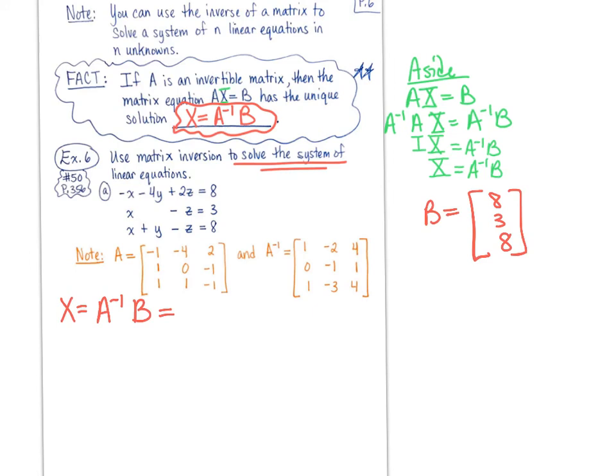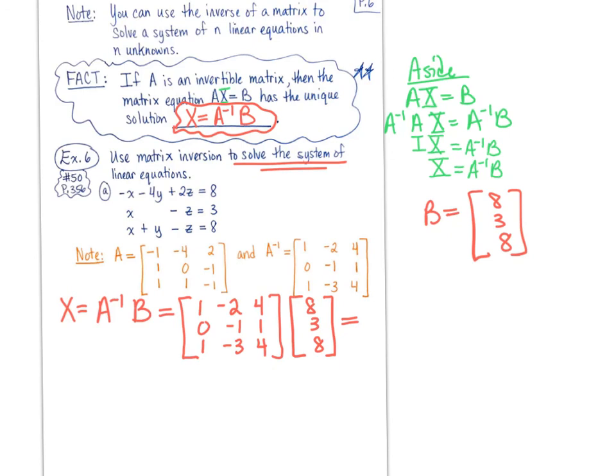So you have 1, -2, 4, 0, -1, 1, 1, -3, 4, and we're going to multiply that by the column matrix 8, 3, 8, and then what we get is going to be our solution.